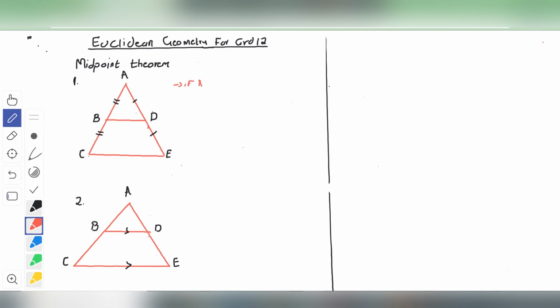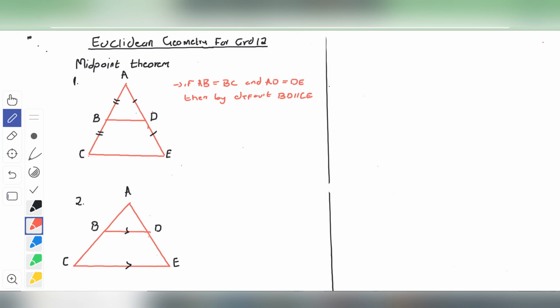if AB is equal to BC and AD is equal to DE, then by default BD is going to be parallel to CE, right?